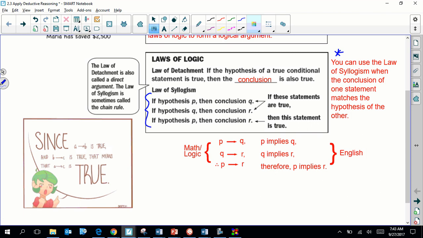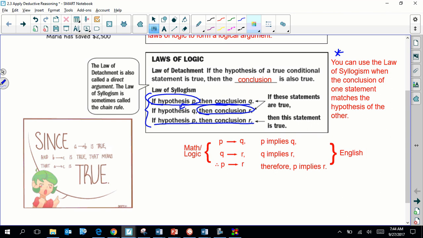The way that they're writing it out, it says, if the hypothesis, then the conclusion. Whatever this conclusion is, it becomes the hypothesis of a new conditional statement. Based off of that, we could take the original hypothesis and this new conclusion to create a final statement.